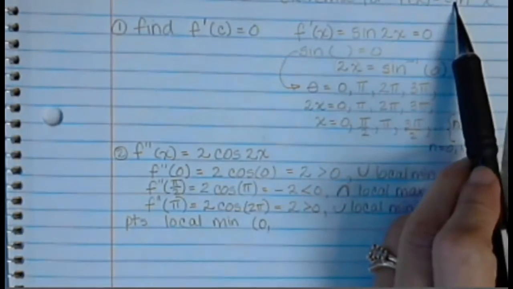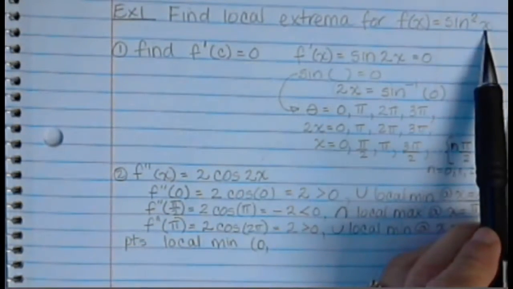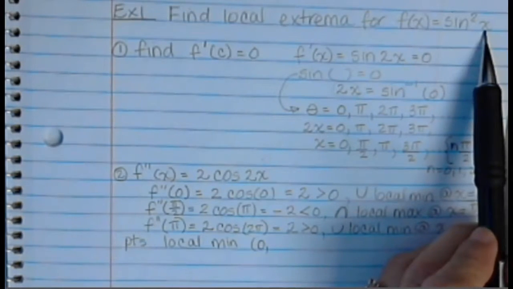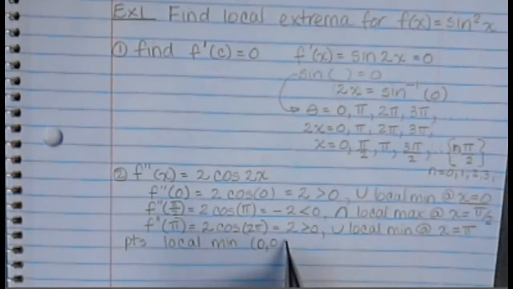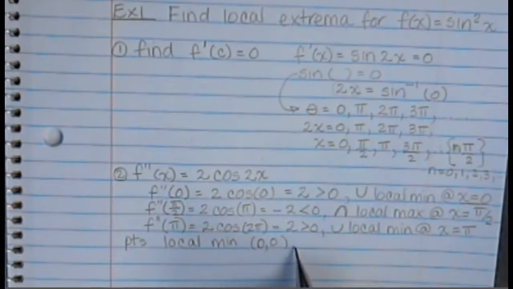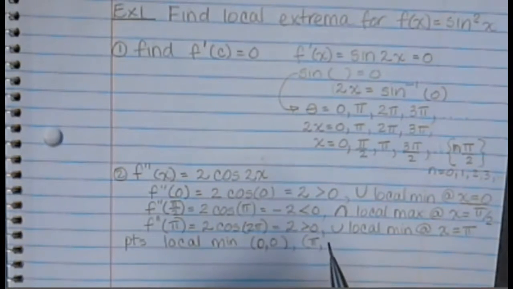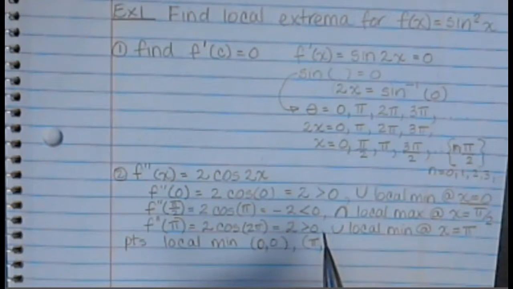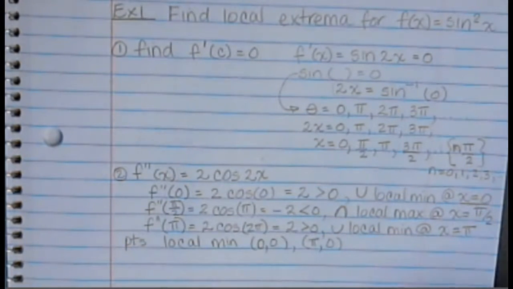F is sine squared of x, so I plug in 0, so sine of 0 is 0, so that's going to be 0, so that's going to be one of our points. Another local minimum is at pi, so I'm going to plug in pi, so sine of pi is 0, squared is still 0, and we can keep on finding those.